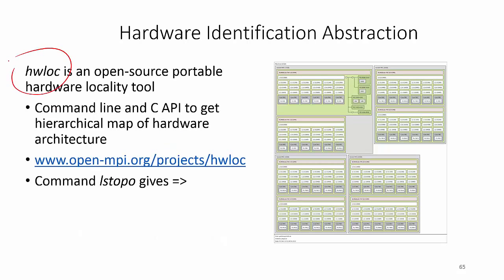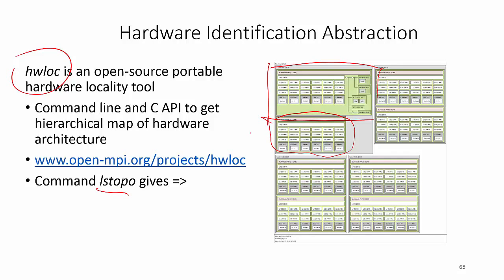HWLoc is a software tool that will give you a graphical representation of what the hardware looks like. So lstopo gives the topology of the memory system, and this is what is returned on the computer gothmog. Each square here is a core, and you have 6 cores on each processor, and in each package you have 2 of these chips, and they are connected.